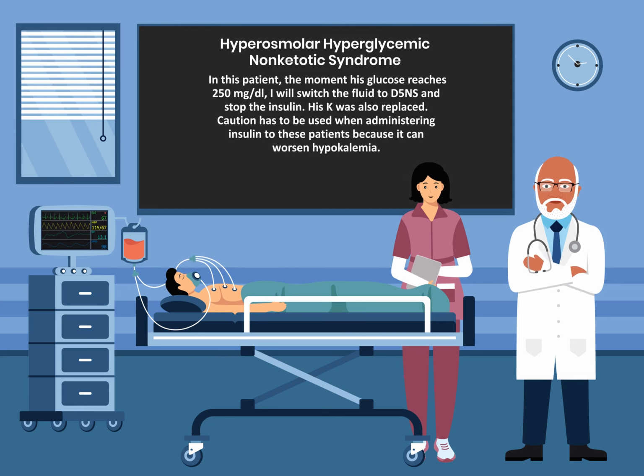In this patient, the moment his glucose reaches 250 milligrams per dL, I will switch the fluid to D5 normal saline and stop the insulin. His potassium was also replaced. Caution has to be used when administering insulin to these patients because it can worsen hypokalemia.